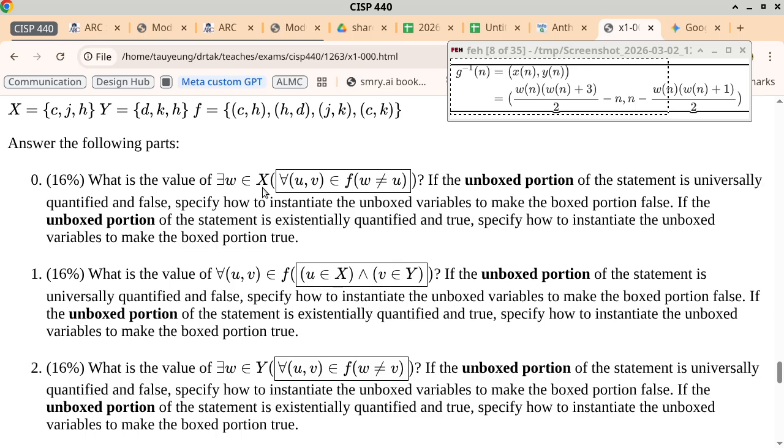The key is reading the quantified expressions. So with part zero, what is that doing? There exists a W in X such that for every two-tuple UV in F, W does not equal U. Now we want to analyze exactly this quantified expression, and you first have to get a feel for which category it belongs to.